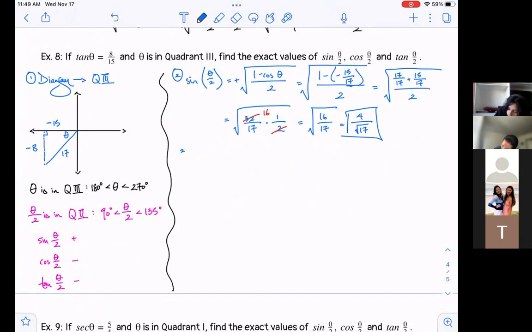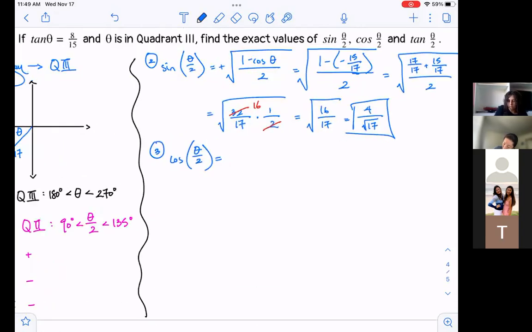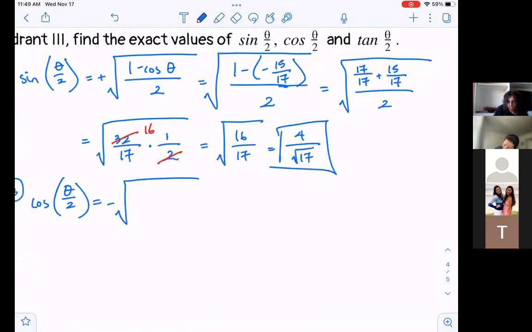All right, let's find cosine of theta over 2. We know from our decision making up front, it's going to be negative. And we get negative square root of 1 plus cosine of theta over 2.